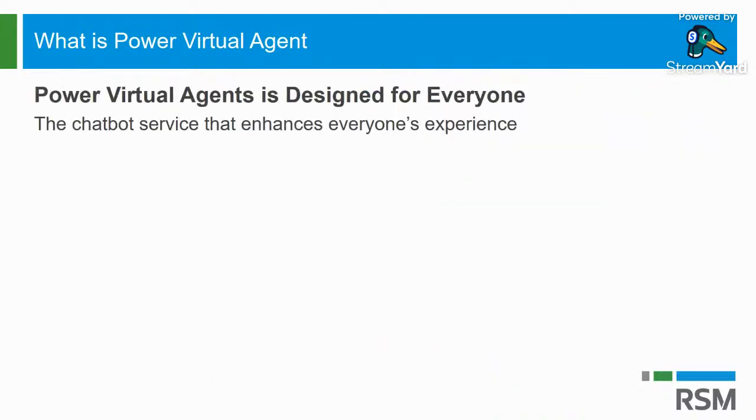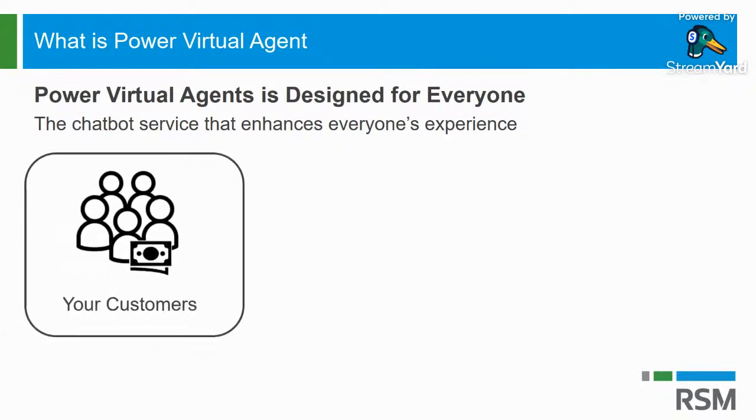So Power Virtual Agents was designed by Microsoft with three key personas in mind. First of all, your customers, and customers could be internal as well. So think about your employees. Maybe you want to create an HR bot so people can ask human resources type of questions.